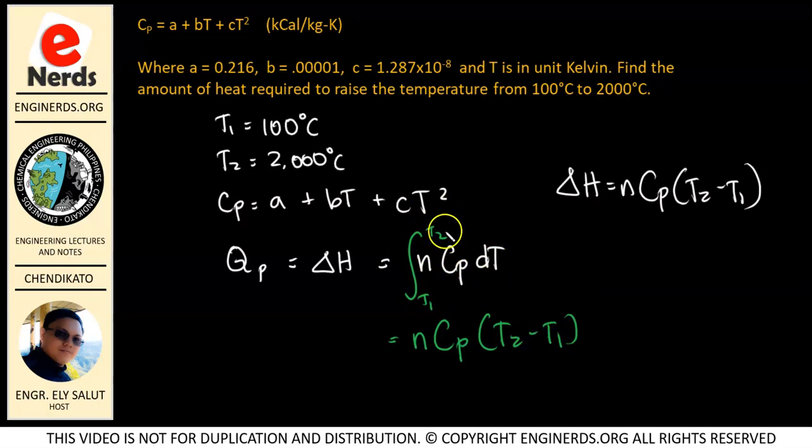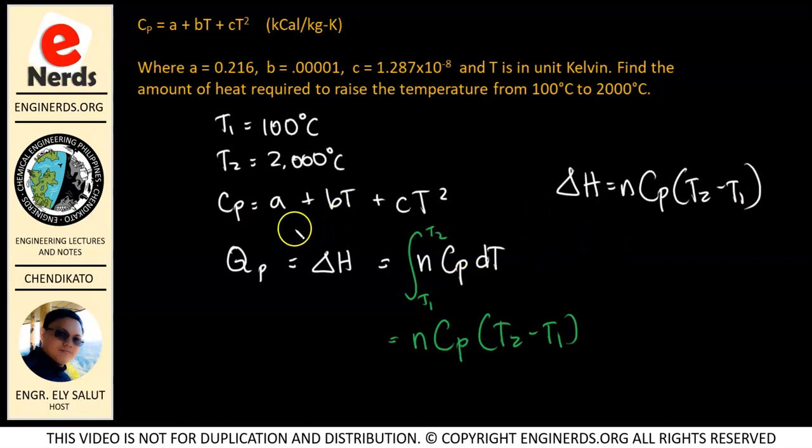So if you take the integral of this, our n and Cp are constant, so we will just be taking that out. Then the integral of dT will be T. So this is a definite integral. So this will be T2 minus T1.